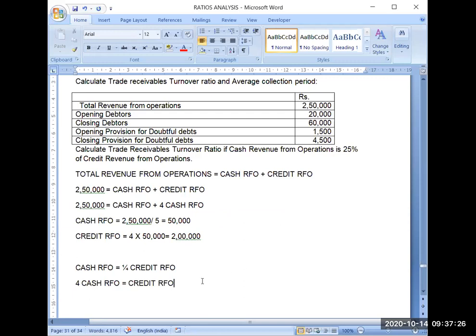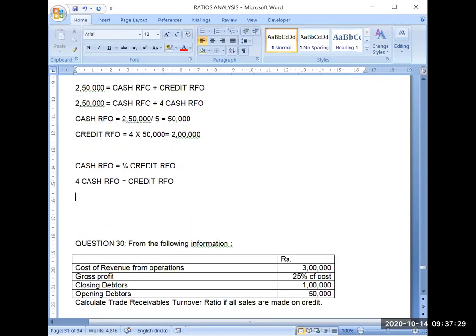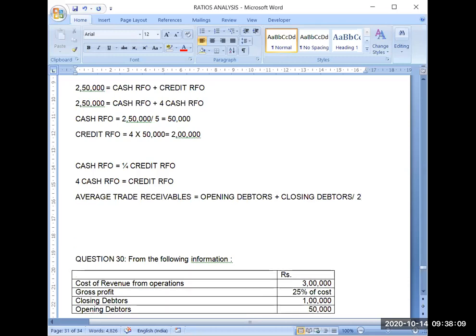So here I will write average debtors or average trade receivables is equal to opening debtors plus closing debtors divided by 2.